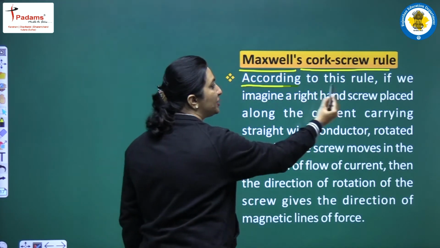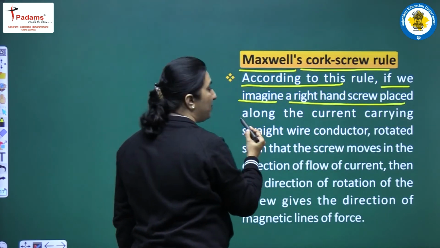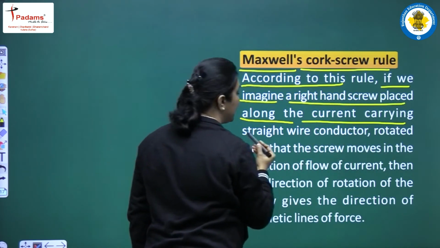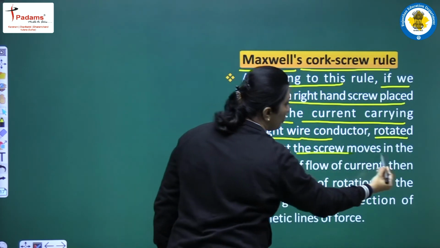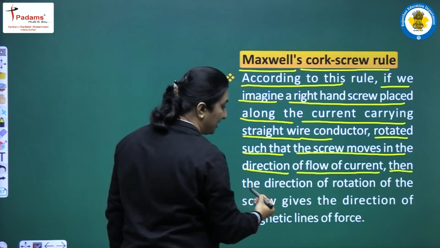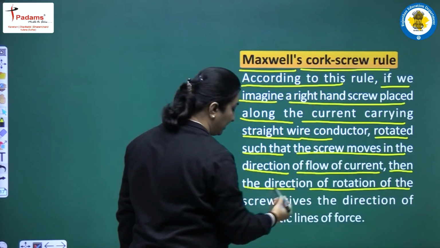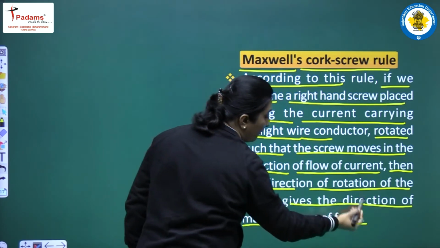So according to this rule, if we imagine a right hand screw placed along the current carrying straight wire conductor, rotated such that the screw moves in the direction of flow of current, then the direction of rotation of the screw gives the direction of magnetic lines of force.